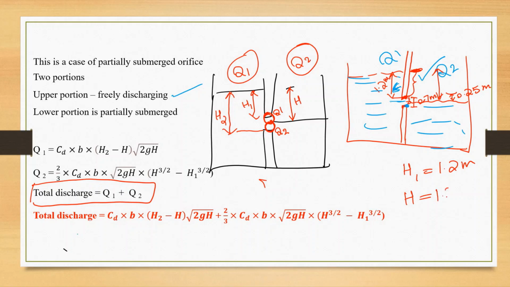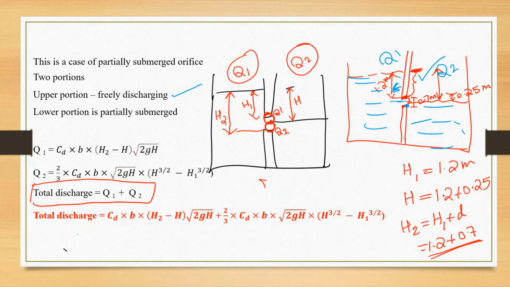So H will be 1.2 plus 0.25. Now H2 is the height of the water level above the bottom edge of the orifice. So we have depth of the orifice as 0.7 meters. So H2 can be written as H1 plus depth of the orifice, which is 1.2 plus 0.7.